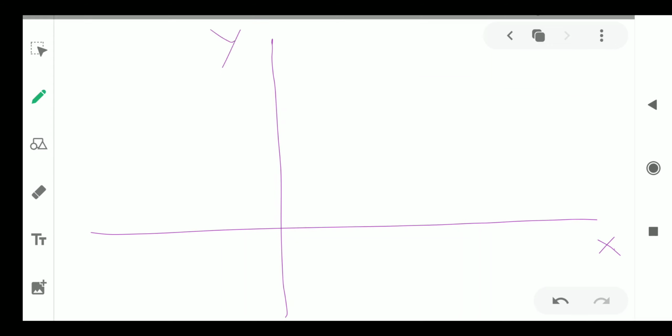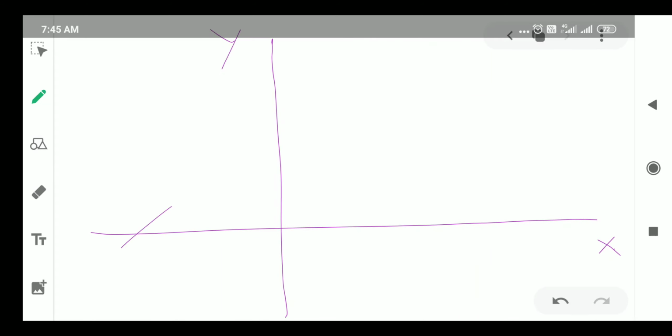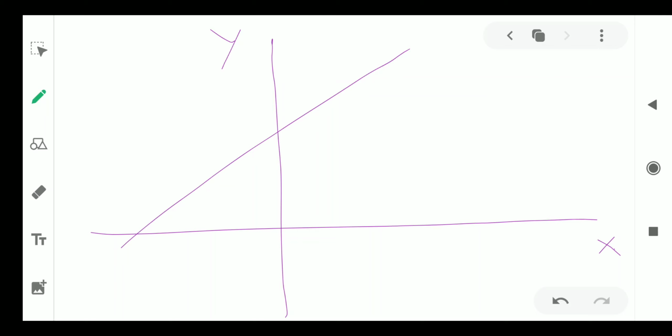So very simple, this is the x-axis and this is the y-axis. It is not to scale, I'm just roughly drawing like this.